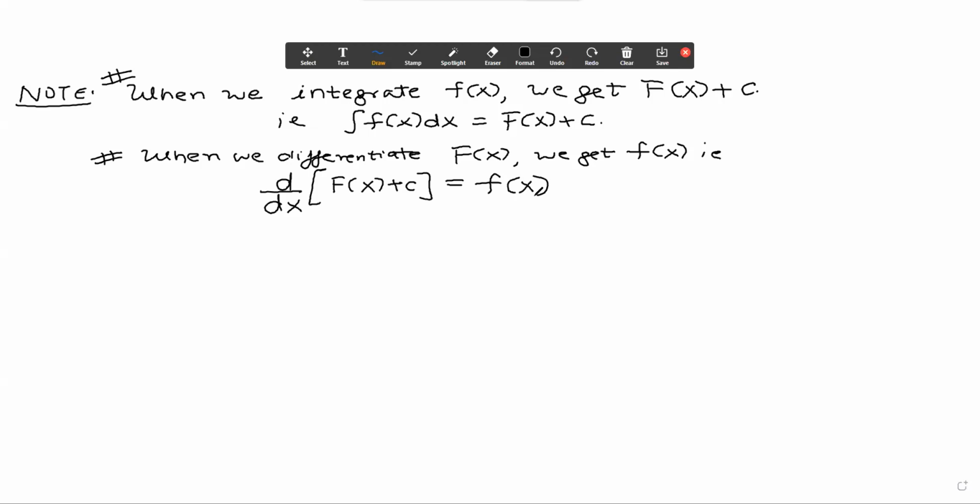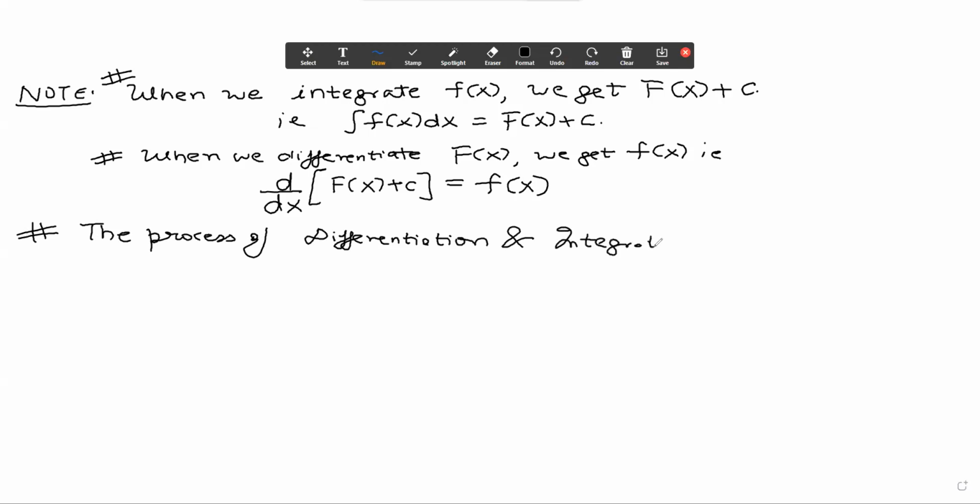So I can say that integration and differentiation are inverses of each other. The process of differentiation and integration are inverses of each other.